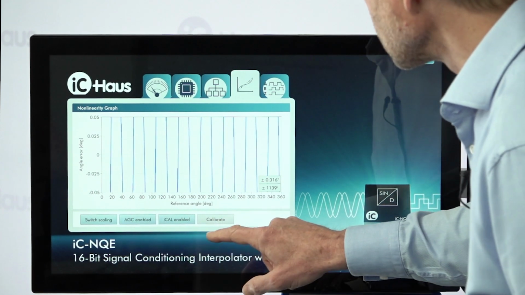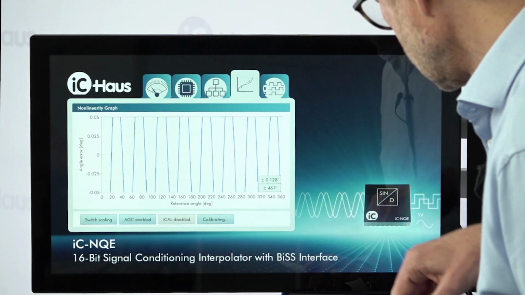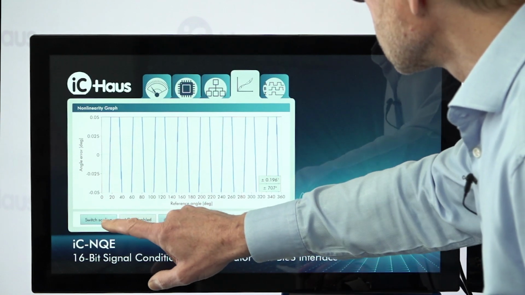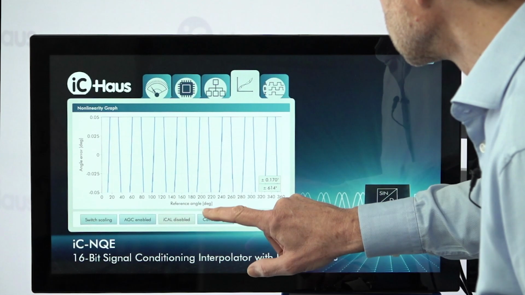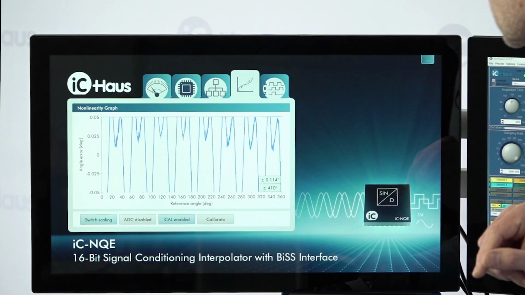Oh yeah, I missed activating something. What's going on? So now it comes back.